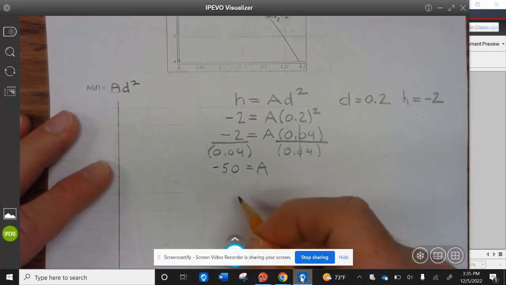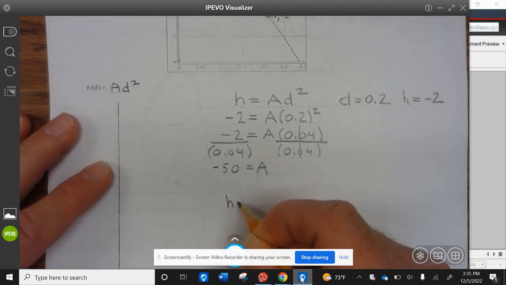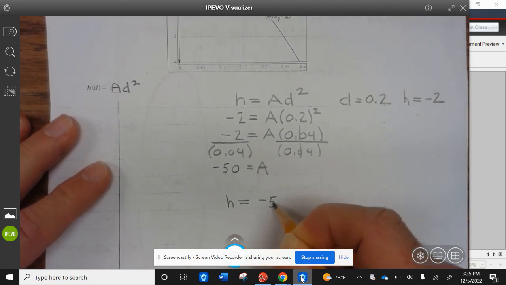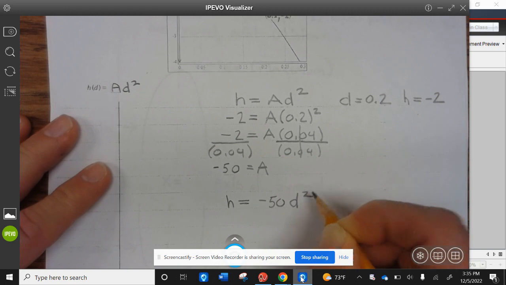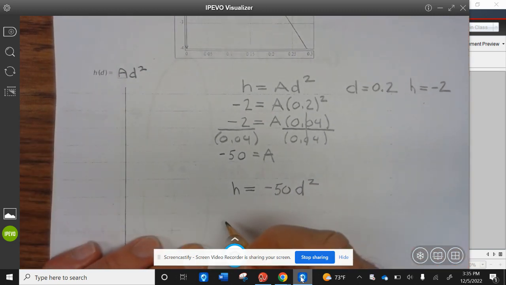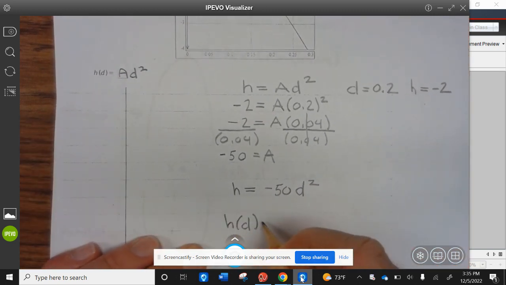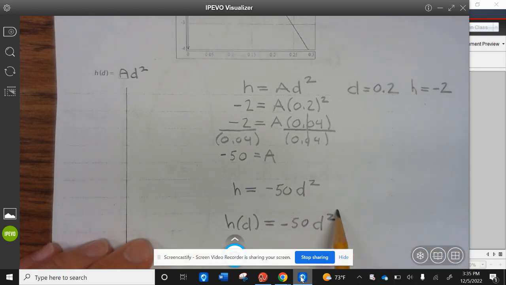Okay, so our equation is h equals -50 d squared, which we can rewrite as h of d equals -50 d squared.